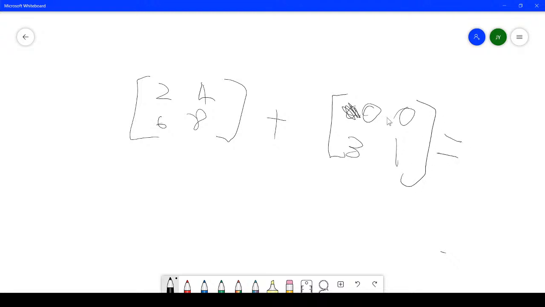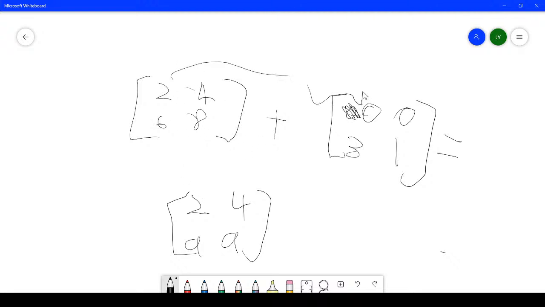Well, the way you do these is super simple. You simply add the two corresponding numbers and make the same dimensional matrix. So to spell that out, it would be 2, 4, 9, 9. You see how 9 is 6 plus 3 and this 9 is 8 plus 1? You just add them by their corresponding positions.